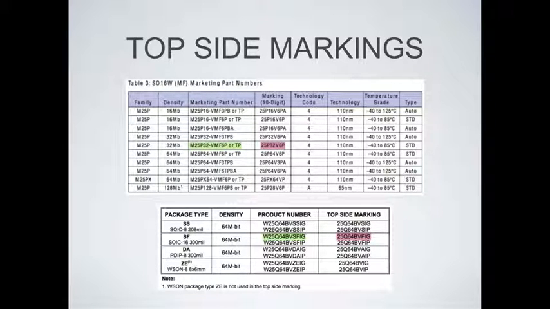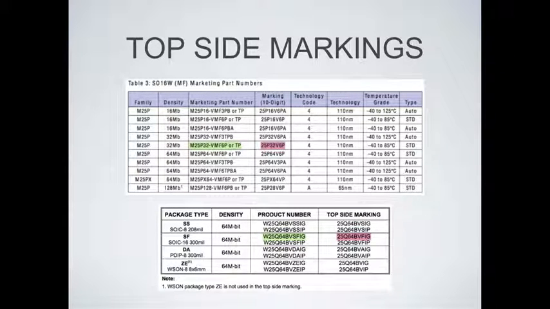The maximum is 10 digits, but their 10-digit value correlates back to a marketing part number, which for this particular example, 25P32V6P correlates back to M25P32VMF6P. When you put the marketing part number into Google, you're going to find a valid PDF for that memory chip.